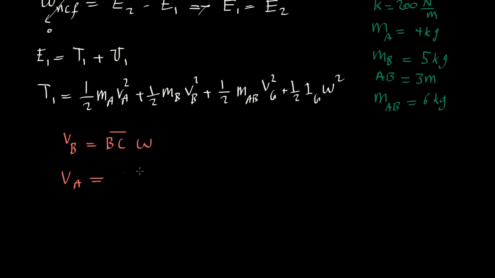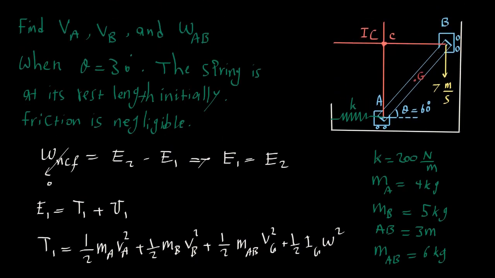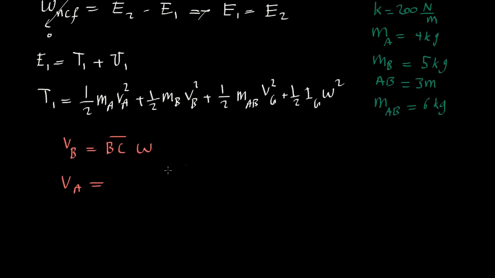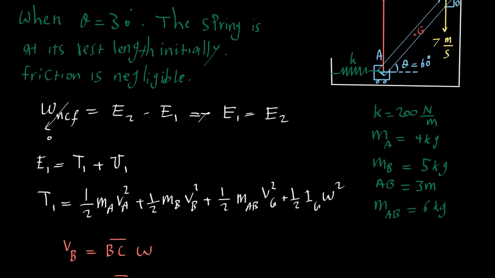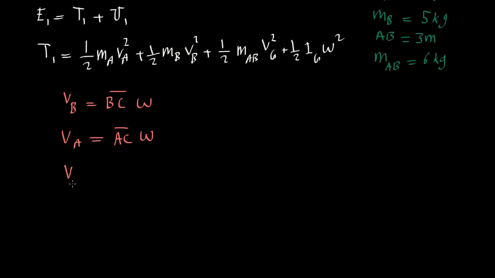Velocity of A would be AC times omega. And the same thing is true for V_G. So V_G would be CG times omega.